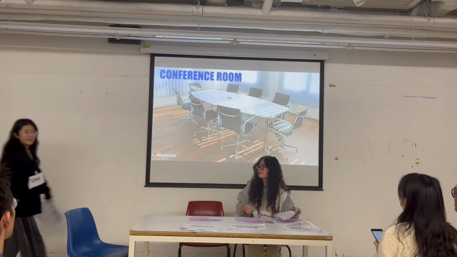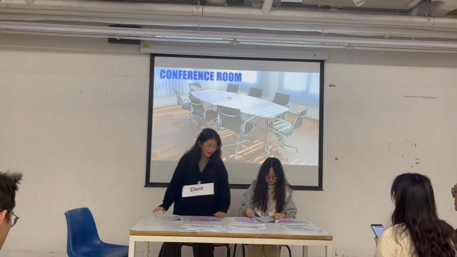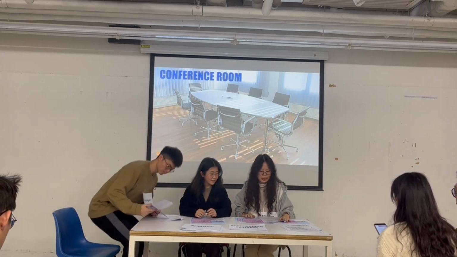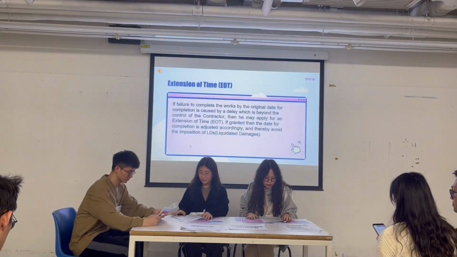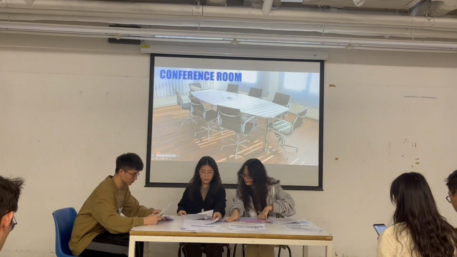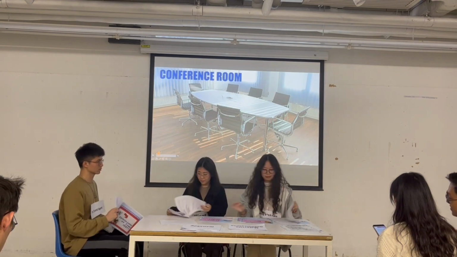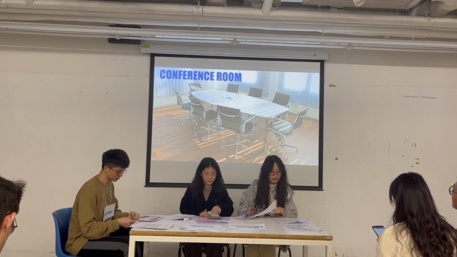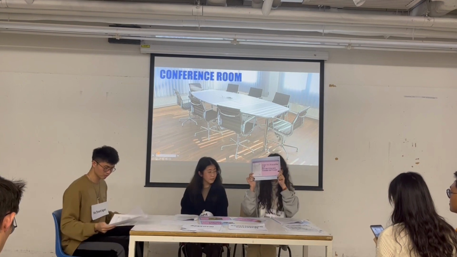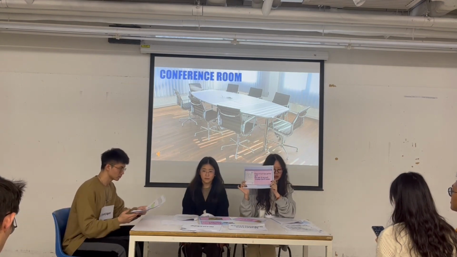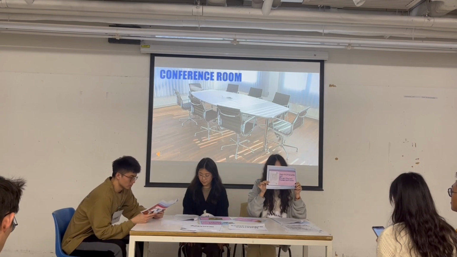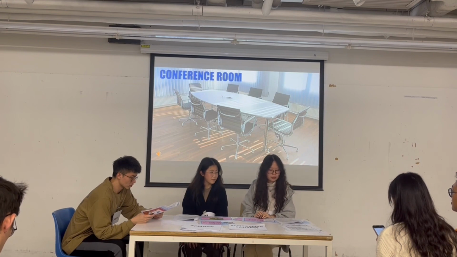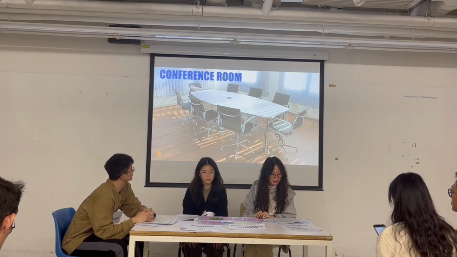Hello everyone, I'm the client of this landscape construction program. How does this processing? We have reached certificate of practical completion. Certificate of practical completion refers to a stage of a project where all works have been completed according to the contract requirements, allowing the client to take possession and beneficial use of the landscape area.